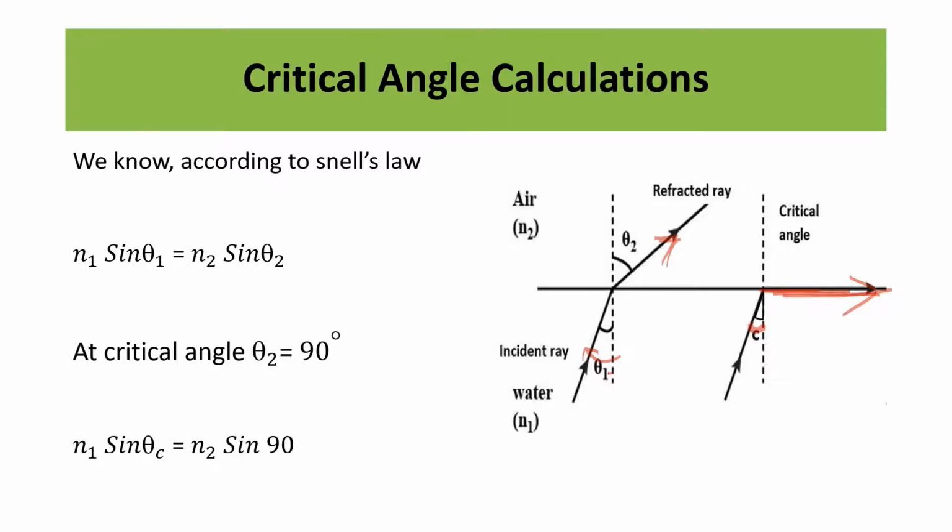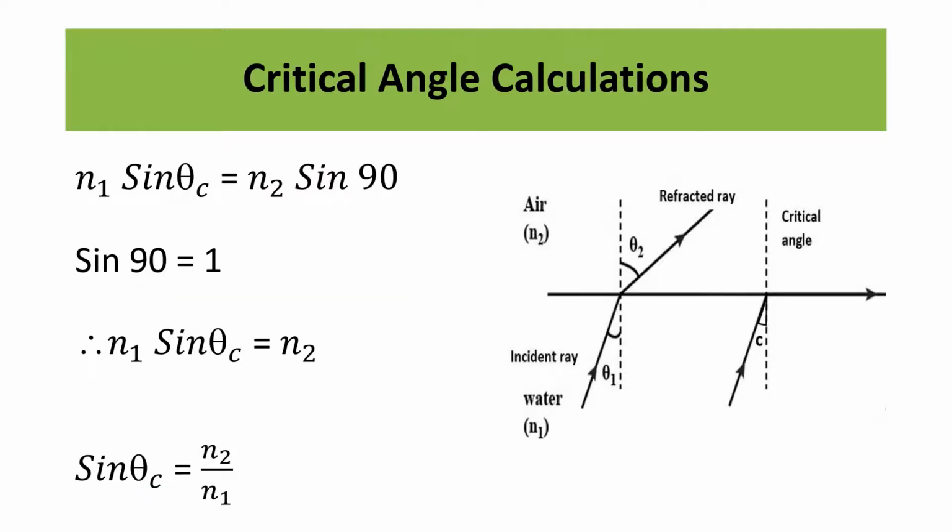At critical angle, when the angle of incidence becomes the critical angle, the angle of refraction will be 90 degrees. When theta 2 becomes 90 degrees, theta 1, the incident angle, becomes the critical angle theta C. Now we can write n1 sin theta C is equal to n2 sin 90.